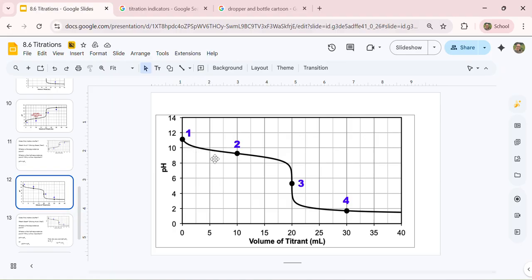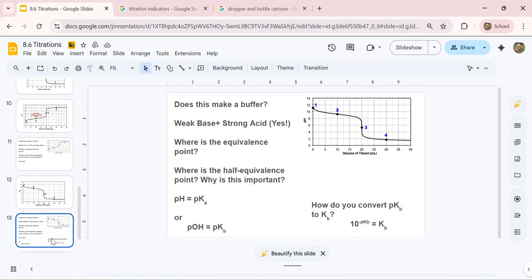The pH is about a 9 right there. We'll just round and say it's about a 9. So if the pH is a 9, then the pOH is a 5. Now you can use that information to say the pKb is actually a 5. Then you can go 10 to the negative 5, and you've got your Kb value.